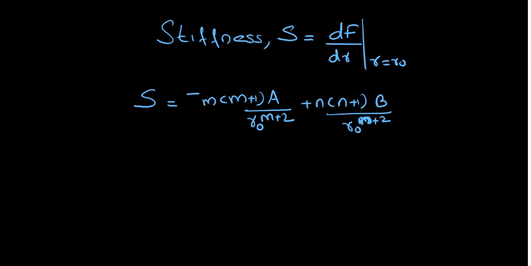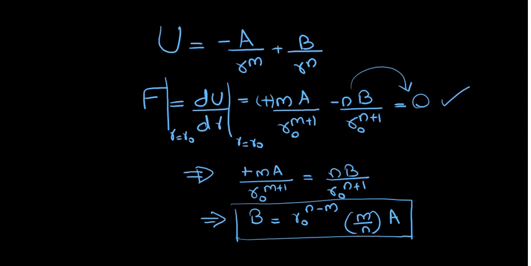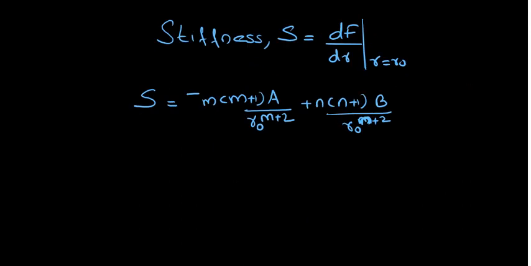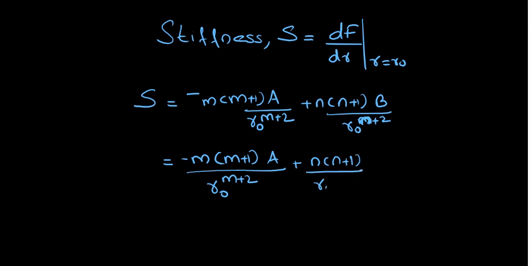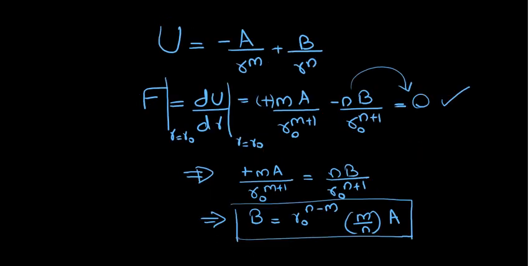Now we can substitute for b, because we know exactly what b is. If I substitute for b, this becomes minus m into m plus 1 into a divided by r0 power m plus 2, plus n into n plus 1 by r0 power n plus 2, and b is m by n r0 power n minus m multiplied by a.